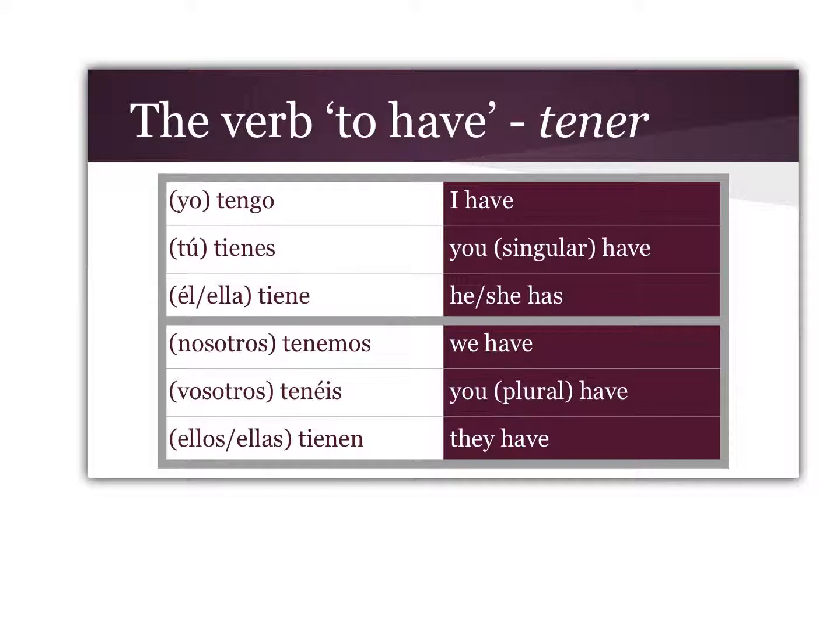The first person singular, the I form, the second person singular, the you form, the third person singular, the he or she form, the first person plural, the we form, and the second person plural, the you plural form, and finally the third person plural, the they form. The reasons why we use these terms can be explained as follows.